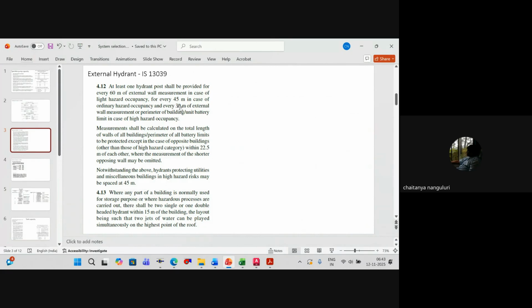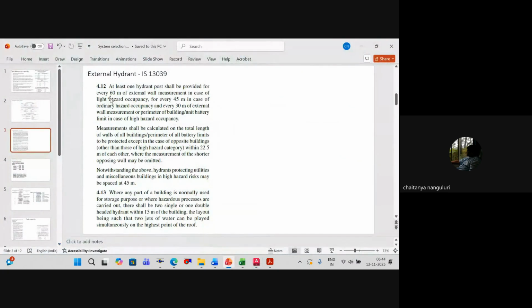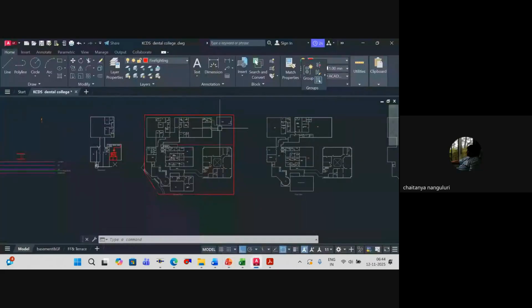Now, what is our hazard? Light, ordinary, or extra hazard? This is light hazard, so we can have a distance of 60 meters. Am I clear?